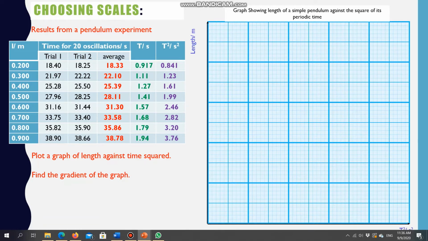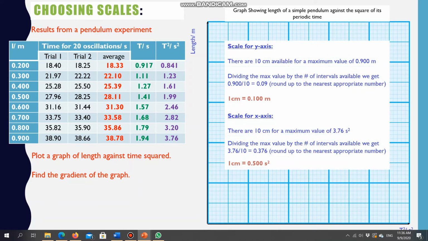Now, how do we figure out our scales? So for the y-axis, we know that there are 10 centimeters available. So here we start in here 1, 2, 3, 4, 5, 6, 7, 8, 9, 10. And then we have a maximum value of 0.9 to plot.